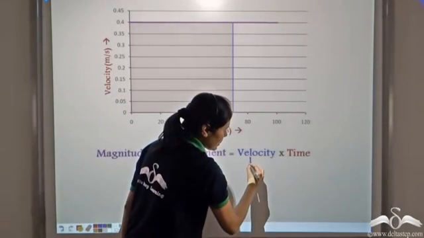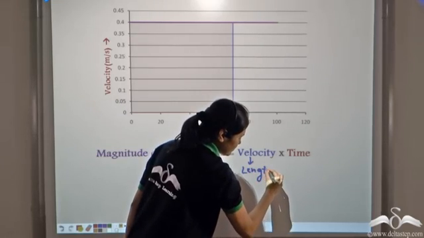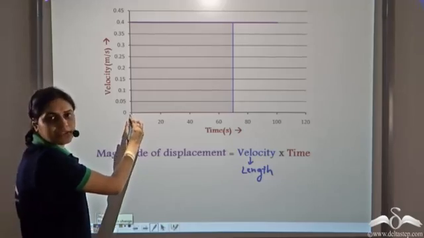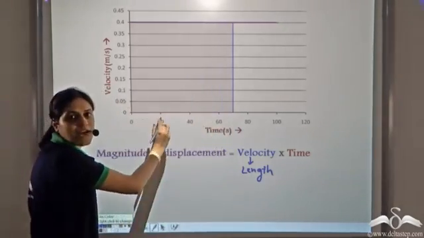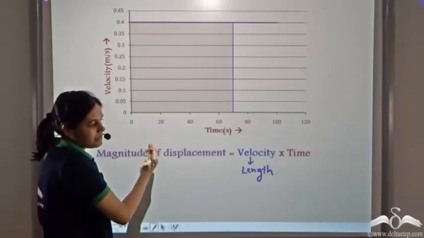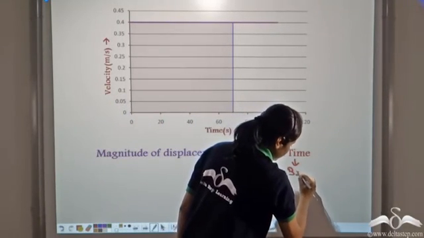So velocity can be considered as the length of the rectangle. And if we consider this distance, that is time taken, it is actually the breadth of this rectangle. So time is the breadth of this rectangle.